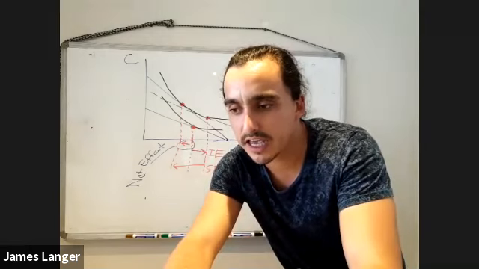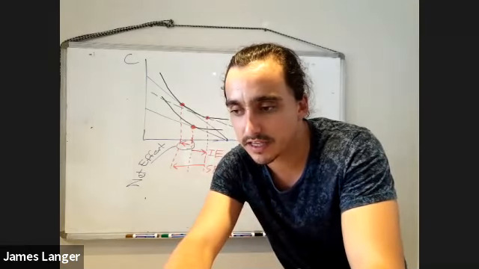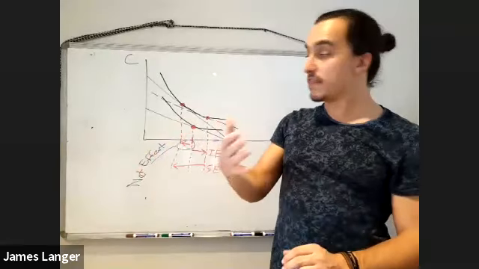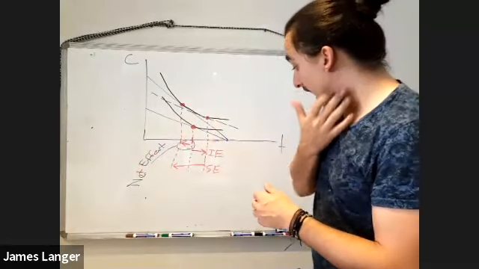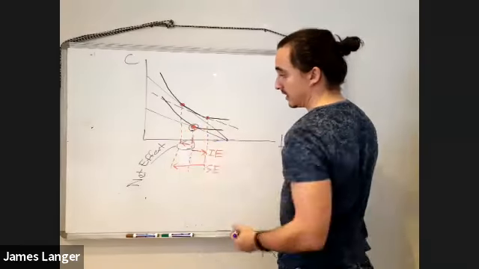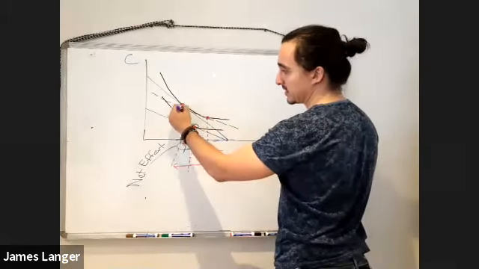And maybe they'll say break down the substitution effect and the income effect. So that could be the kind of question that you could be given. And then you're going to say, okay, cool. I need this to be my starting point, and I need my end point to be negative.